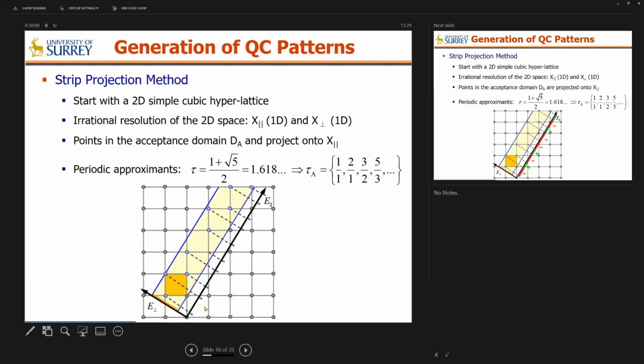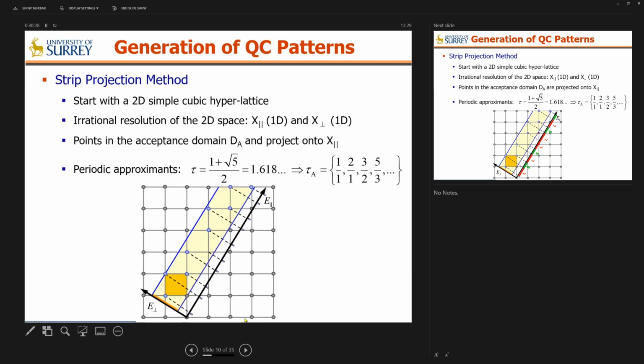And what do I mean by that? Imagine that I calculate the angle made by this line, this direction, with the direction of the axis of the periodic lattice. If the line passes through a point of the lattice, I'm going to get a slope given by a rational number. So it's going to be, whatever, 5 units in the vertical direction and 3 units in the horizontal direction, or whatever combination I get, right?